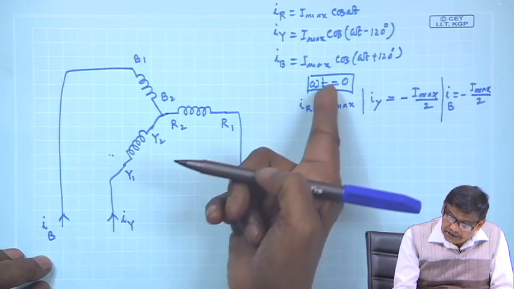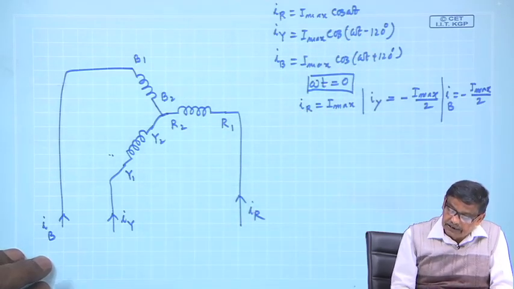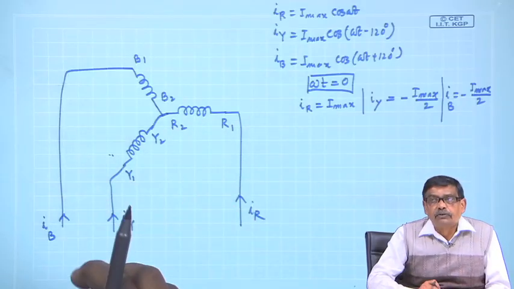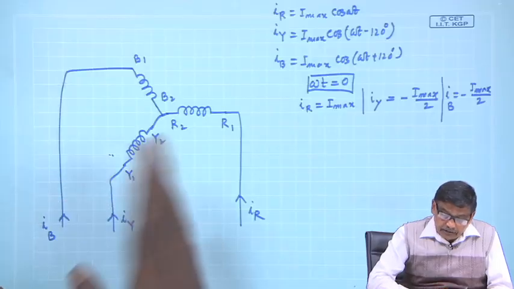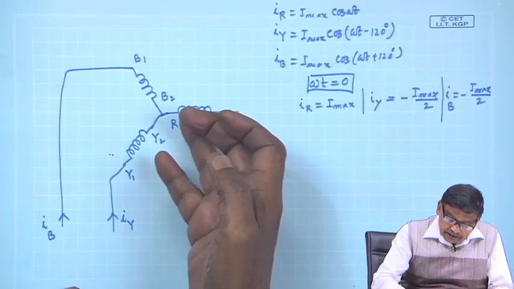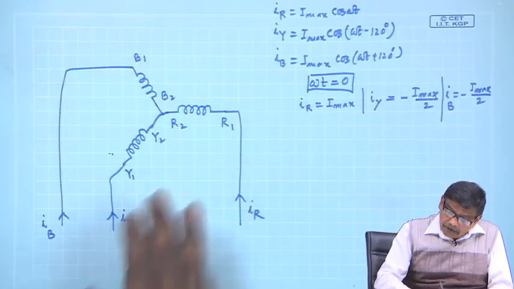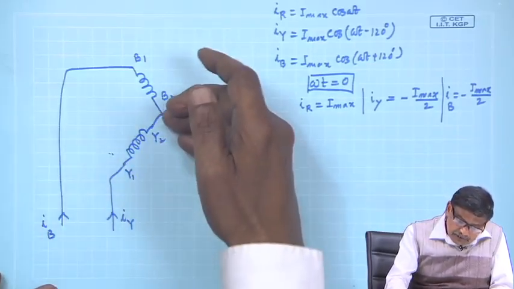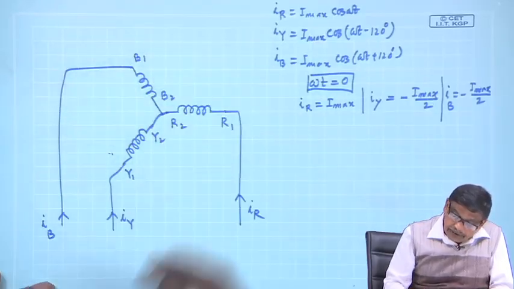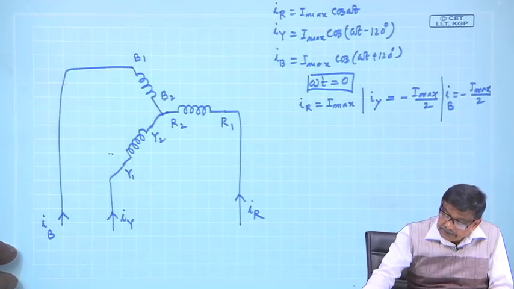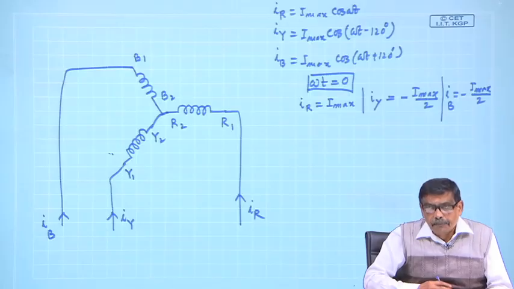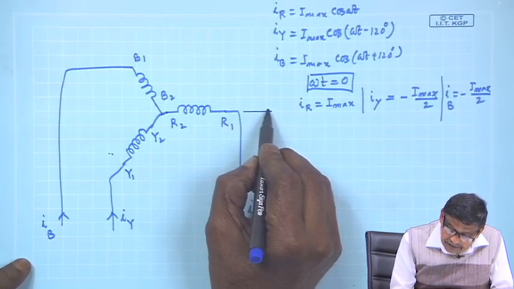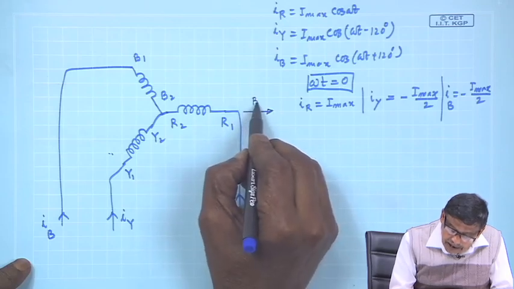You simply put omega t equal to 0 in these current expressions, you get that. And then take a snapshot at omega t equal to 0 and figure out what are the fields produced by R, Y and B phase. R phase will always produce field along its axis, Y phase this way, B phase this way. Since I r is I max, and I told you for maximum current the field produced here is B max.